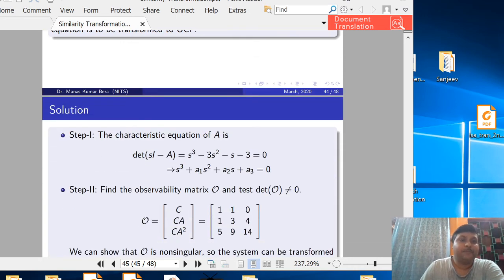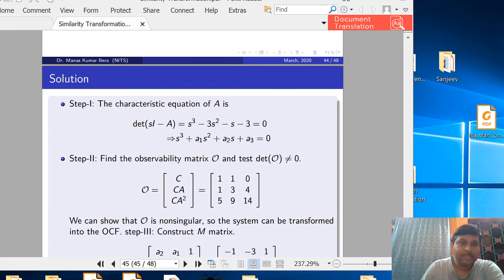Same thing, in step 1 we have to find out the characteristics equation, identify the coefficients of S, then find out the observability matrix, and show that the observability matrix has full rank, and if it is full rank then only we can do the transformation, otherwise not.